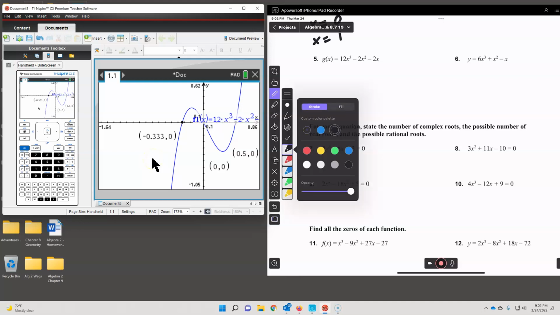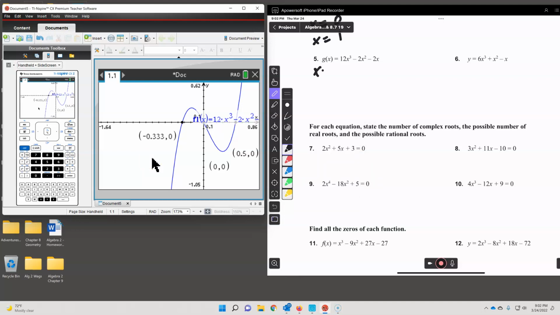So what I'm going to do is I'm going to go ahead and write x equals negative 1/3, x equals 0, y equals 0.5, okay?